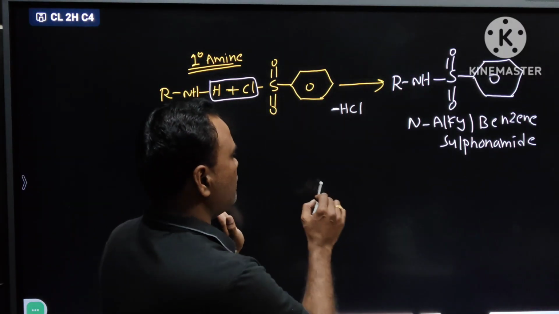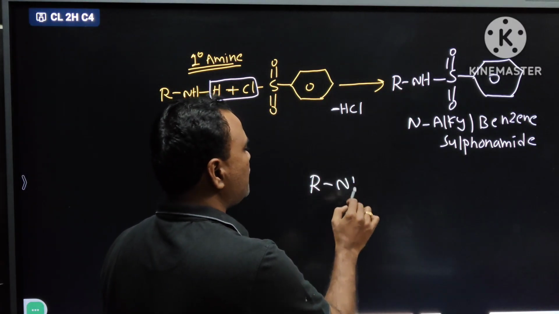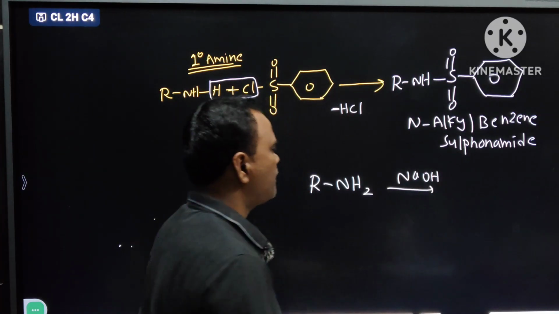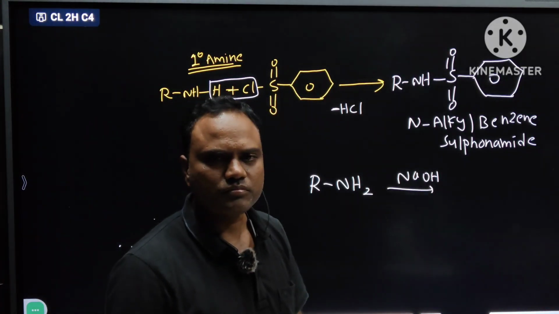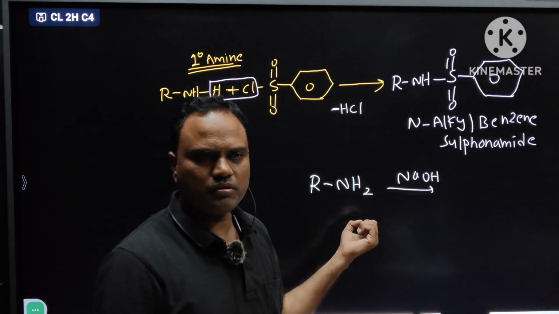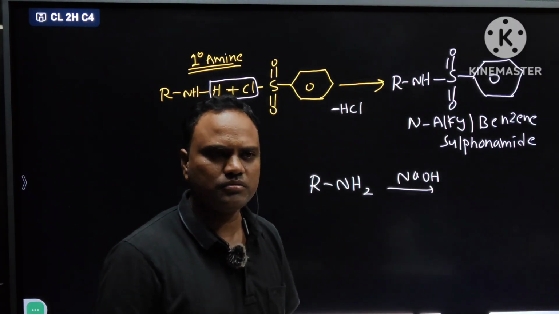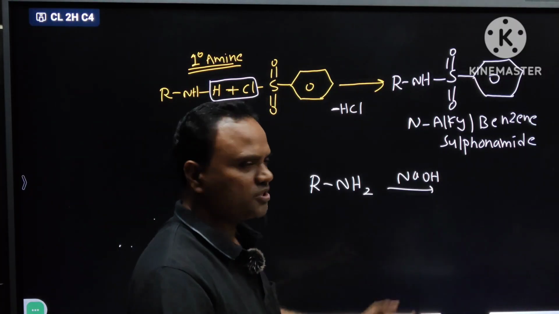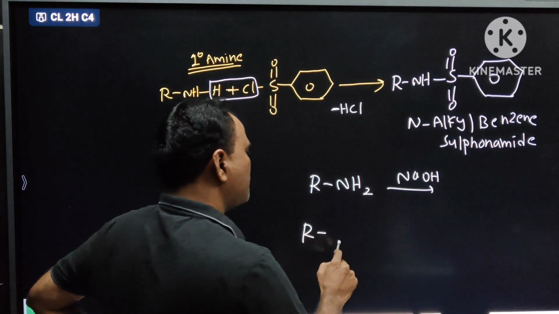You tell me, when we treat amine with a strong base NaOH, what will happen? Nitrogen acts as a base. It donates lone pair, as well as it acts as acid also by giving H+. Why does nitrogen give hydrogen?